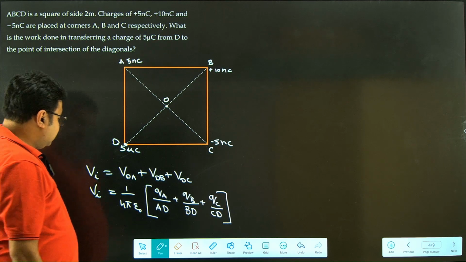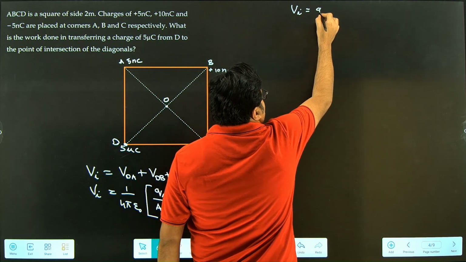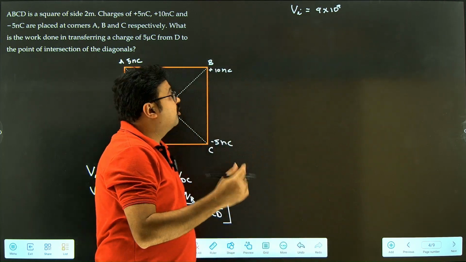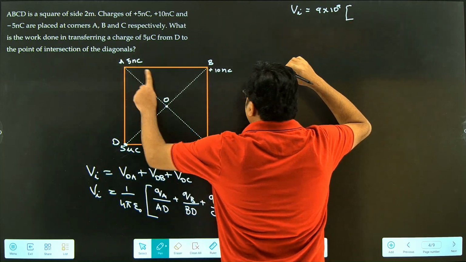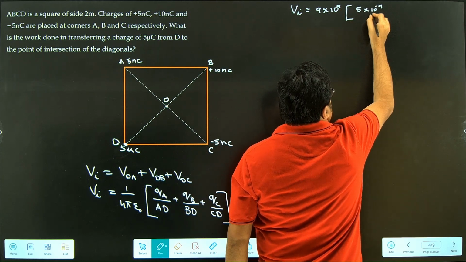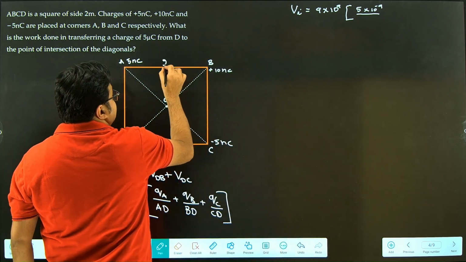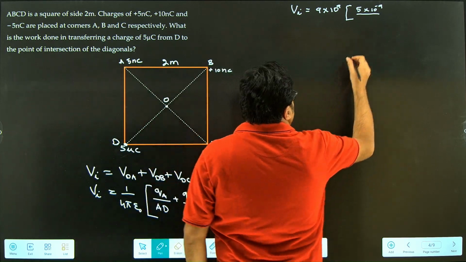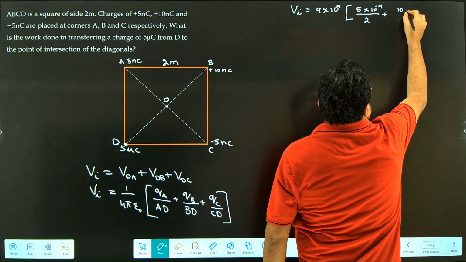Well, let's find what this is going to be. The potential at the initial point now is going to be 9 into 10 to the power of 9 because that's what is 1 by 4 pi epsilon naught. Now you have a 5 nanocoulomb, 5 into 10 to the power of minus 9 divided by this distance. The question says that the side of the square is 2 meter. So AD is also going to be 2, plus there is a 10 nanocoulomb charge.